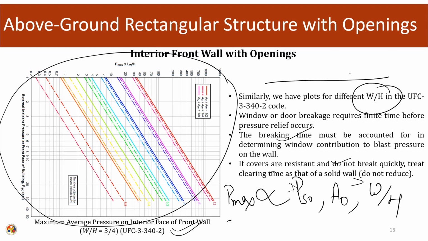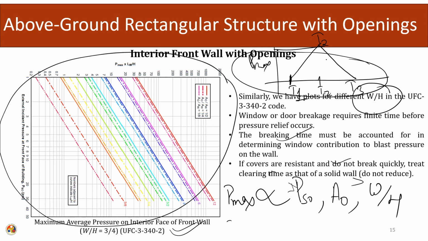The variation of P max is: first, time T1 comes where the incident shock has entered the opening. Then it will rise linearly to a time T2, where the maximum value P max is attained, and after that it will decrease to a value of 0 at time T3. So, this is how the internal pressure will behave on the front wall.